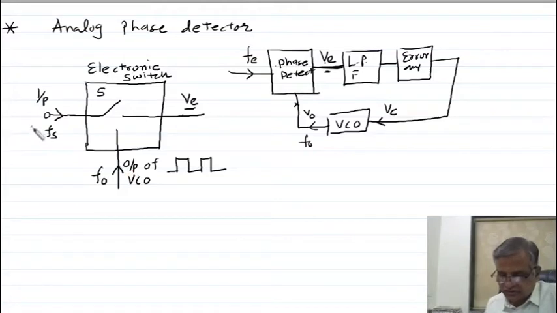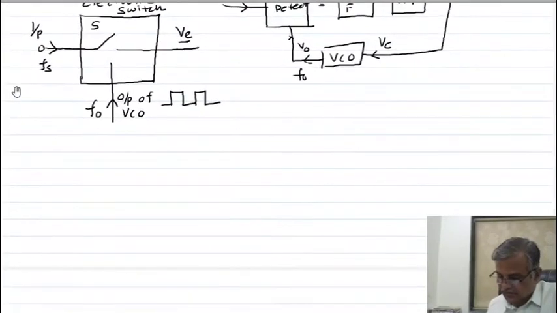Now in this diagram I am showing you the output of VCO and the input signal with different phase phi with respect to FO, and the corresponding error voltage.